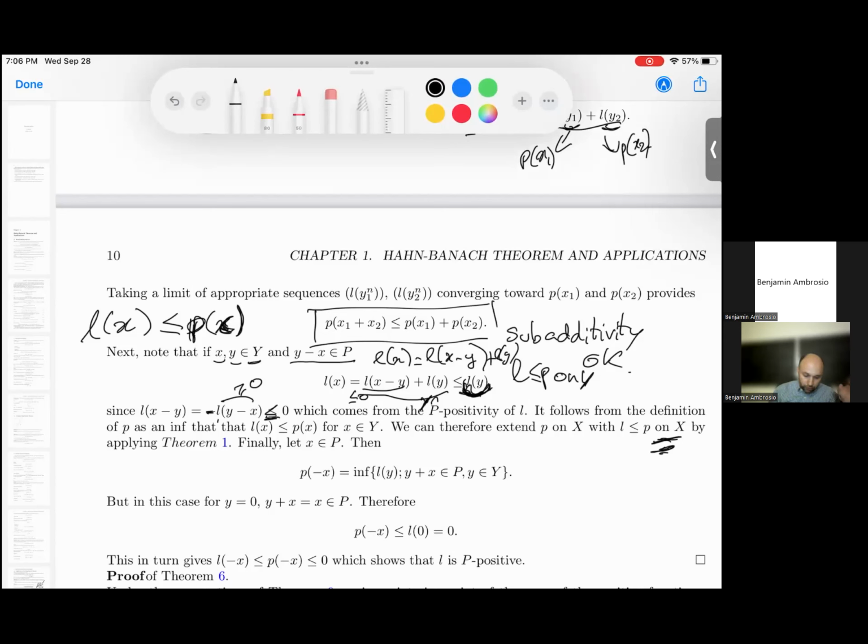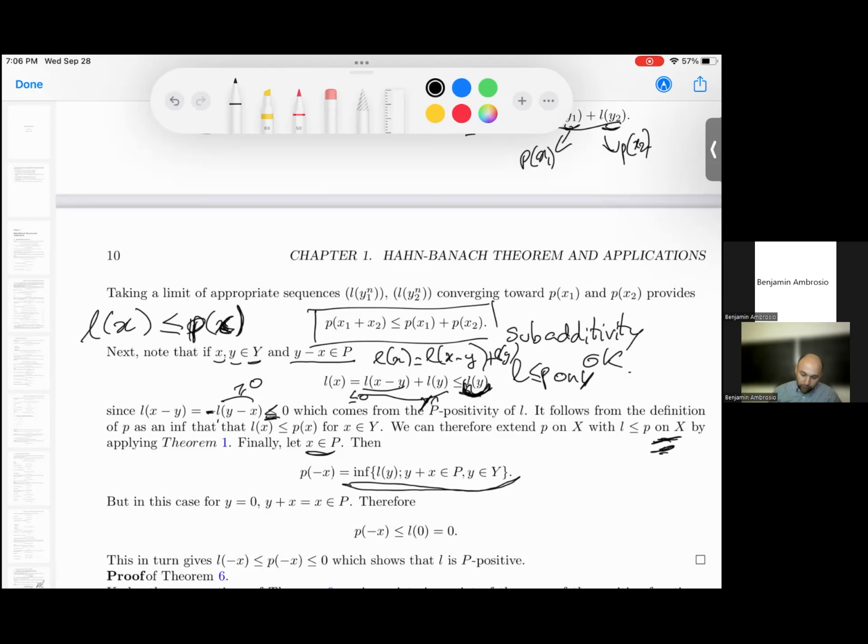We choose x which belongs to P, and we remark that P of minus x is by definition this thing.